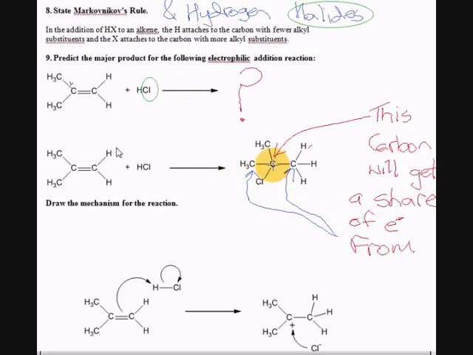This carbon is more willing to give its electrons away than this one right here, because this carbon has just one carbon to this side, so that makes it a primary carbon, whereas this carbon right here has a carbon on either side. So that makes it a secondary carbon, and in fact with this other carbon it makes it a tertiary carbon in the end, but in the middle phases of this we're talking about a secondary carbon.